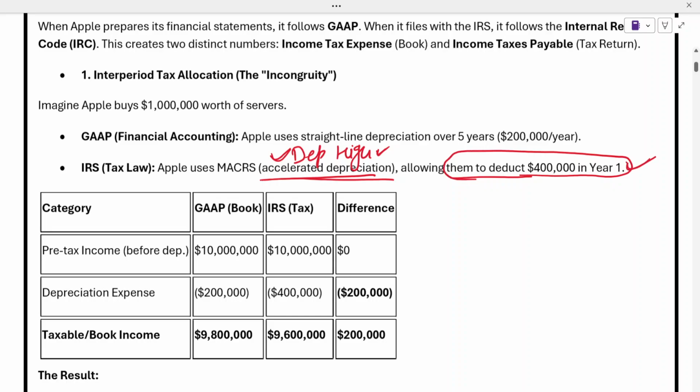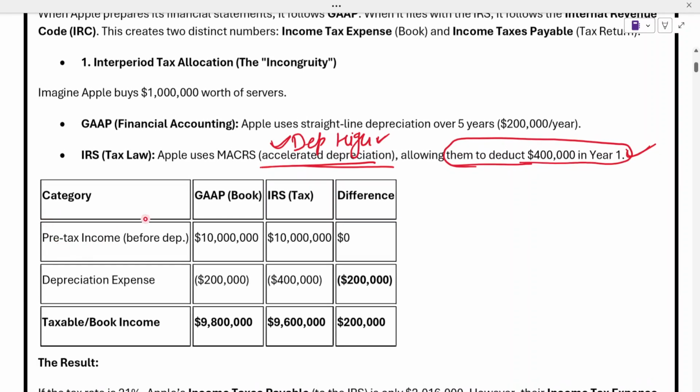Now the income tax department itself is saying that you can deduct $400,000 from your income. Now let's see how their financials will look. As per the GAAP books, they have earned, let's suppose, $10 million, and as per the IRS, they have earned 10 million as well. So there is no difference. But if you see the depreciation in the GAAP books, you will see a depreciation of $200,000, but in the IRS you will see a depreciation of $400,000, which creates a difference of $200,000.